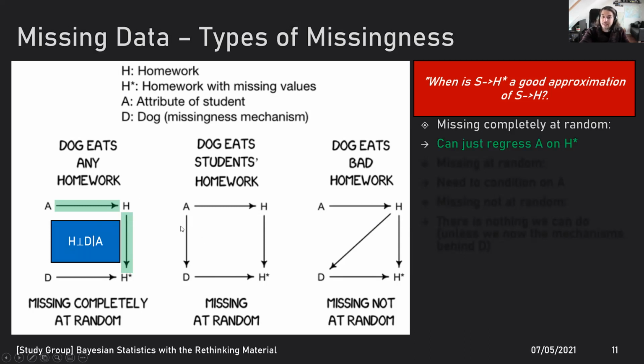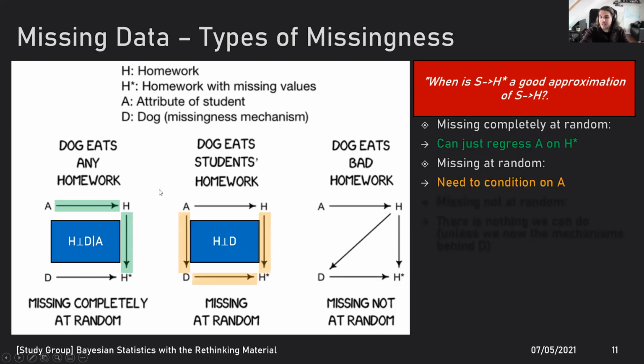Now, if our data is missing at random, and I think this is a bit weird, where something is missing at random as opposed to missing completely at random. When it's missing at random, some attribute of the student, in this case studying, influences the true score of our homework, and also has a backdoor path that leads to the observed score itself.